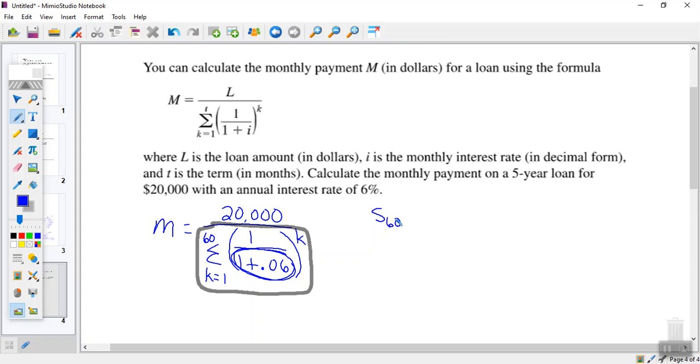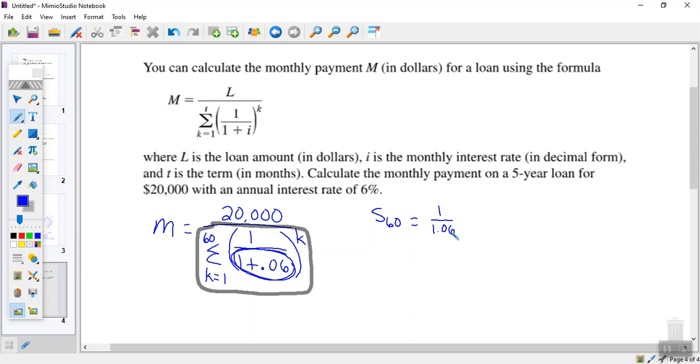Careful. It's like 1 over 1.06 right here, isn't it? Won't the first term be 1 over 1.06 to the first power, or just itself there? Okay, so the first term, I'm going to write down as 1 over 1.06. That's your first term.